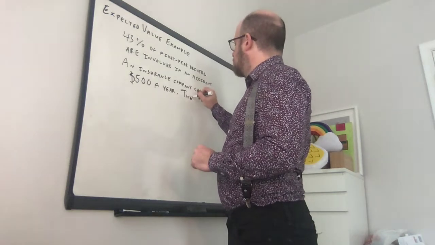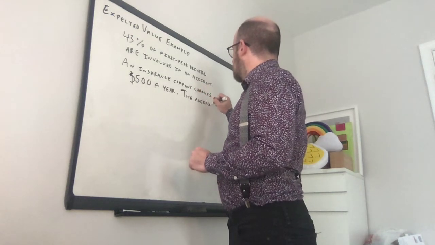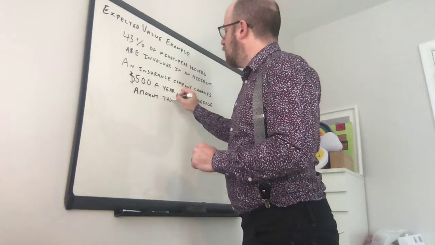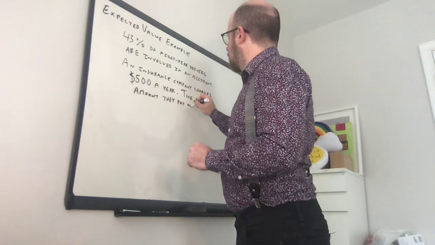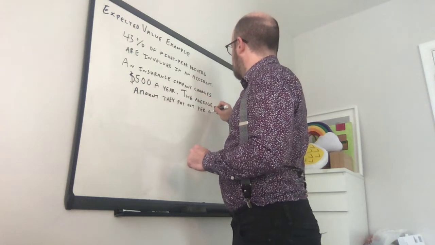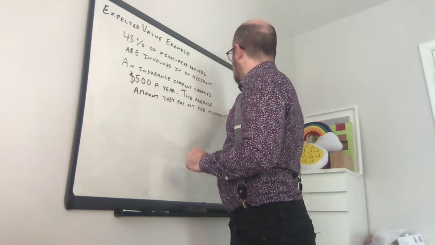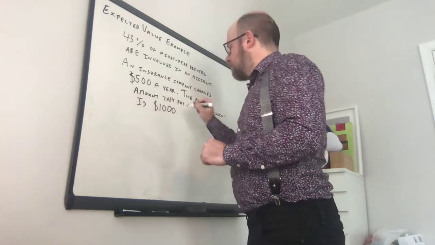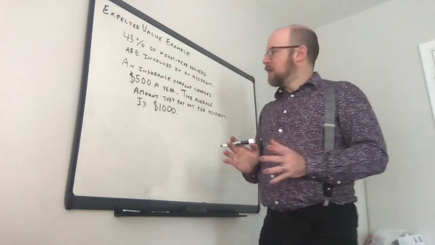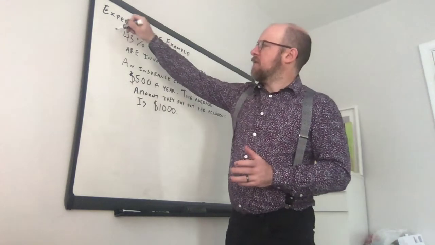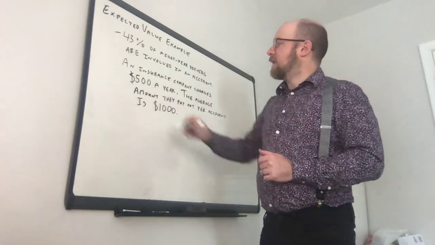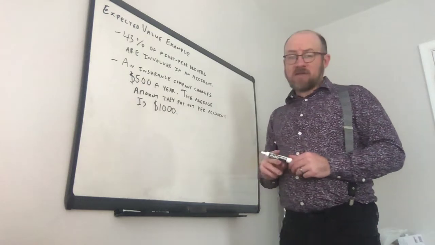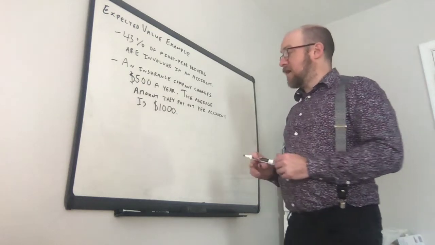The average amount they pay out per accident is $1,000. Okay, so very simple numbers. So 43% of first-year drivers are involved in an accident. Insurance company charges $500 a year, and the average amount they pay out in an accident is $1,000.